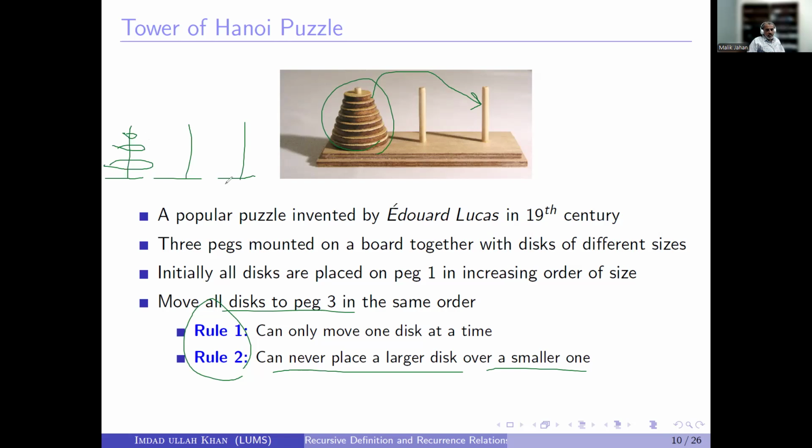So try to play with 3 disks and try to come up with the sequence of steps which need to be performed. Tower of Hanoi generally talks about n disks, and the intuition which you would have built for 3 disks should be generalizable to n disks.